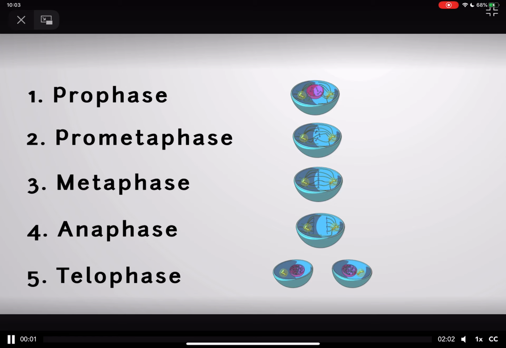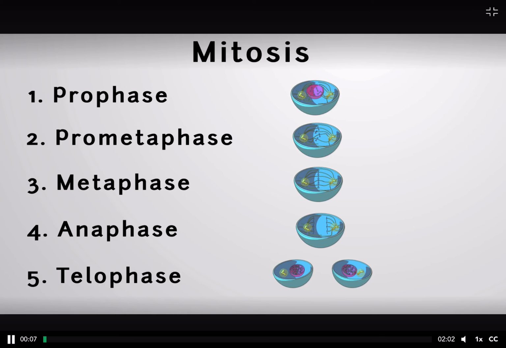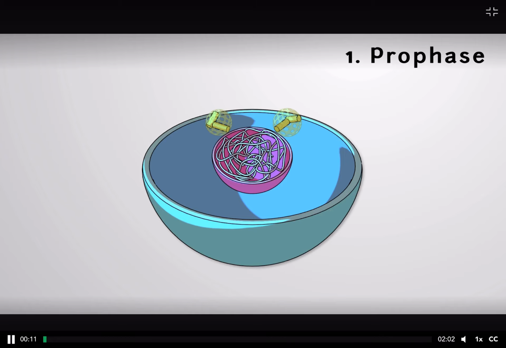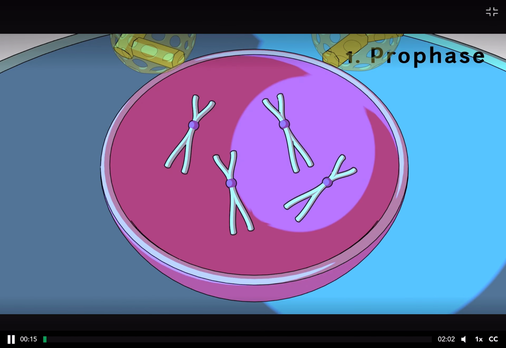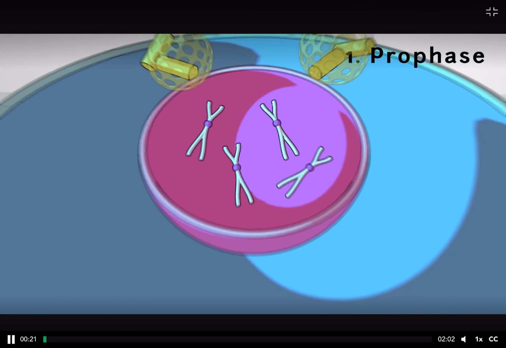Comprised of 5 unique stages, mitosis is a form of division where a cell's genetic material is partitioned between 2 daughter cells. First, during prophase in humans, nucleic chromatin condenses into X-shaped chromosomes, composed of sister chromatid pairs attached at centromere junctions.